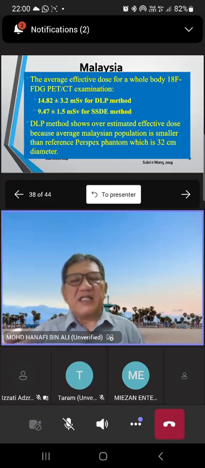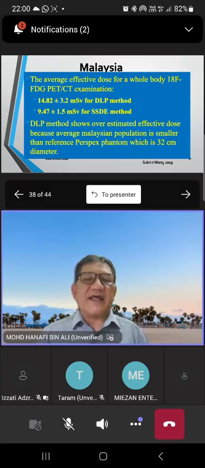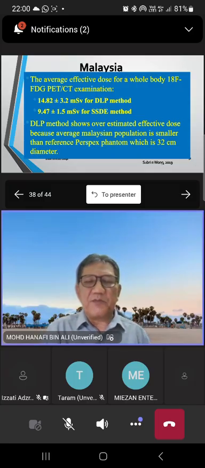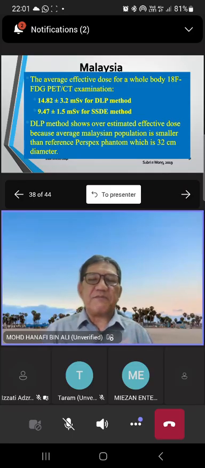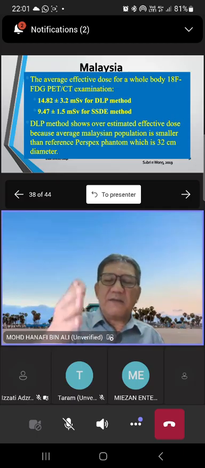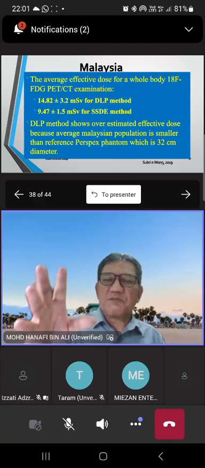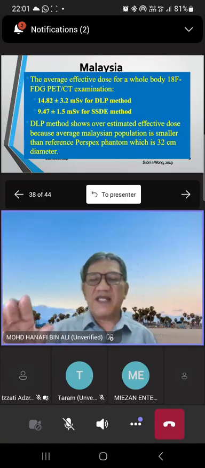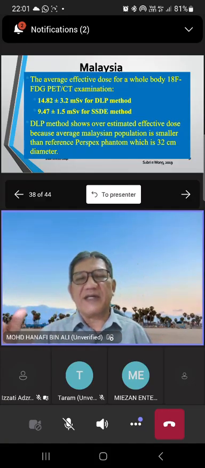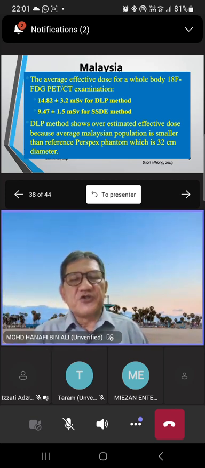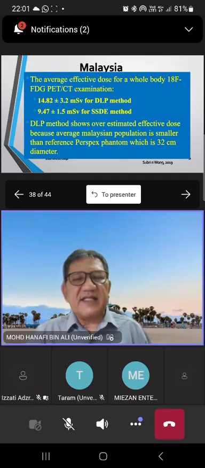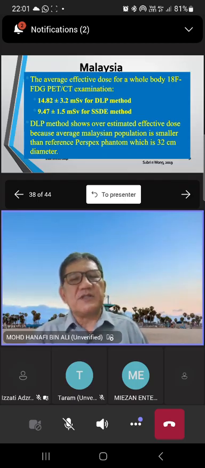Because our bodies are a little bit smaller, and they use the same parameters, factors, kVp, mAs, in those days, because before that, people were not really aware about this. They just used a preset protocol. They just exposed, they got the image. So that means we were exposed to extra dose compared to other people in Europe. So once we realized this, we reduced the dose.